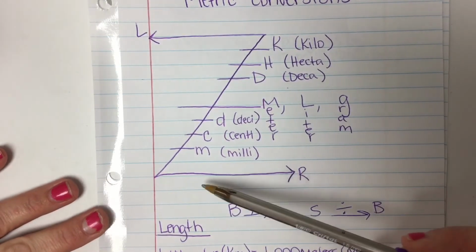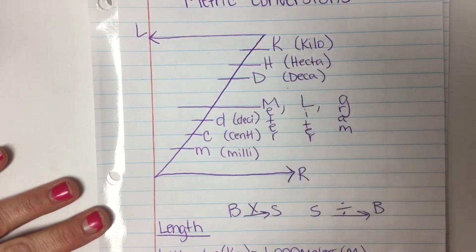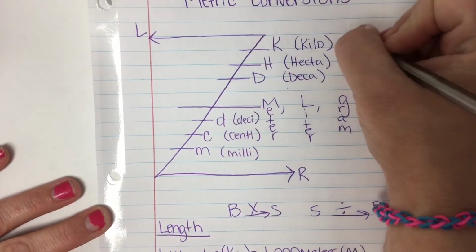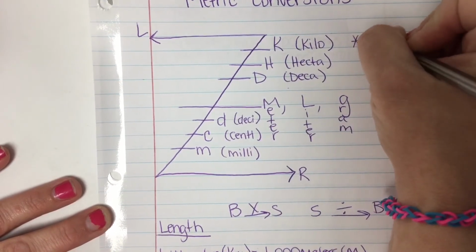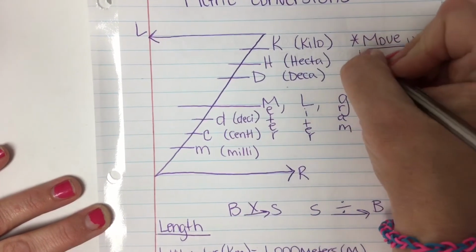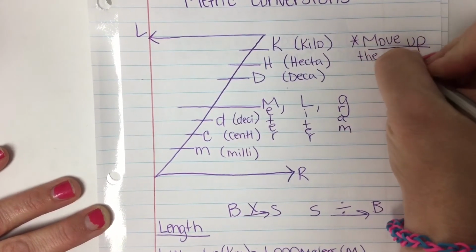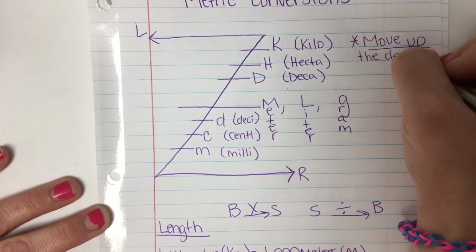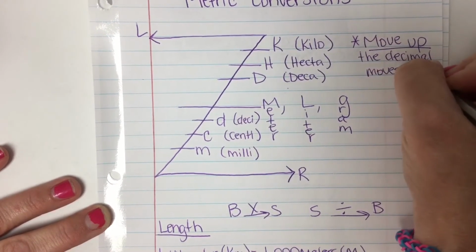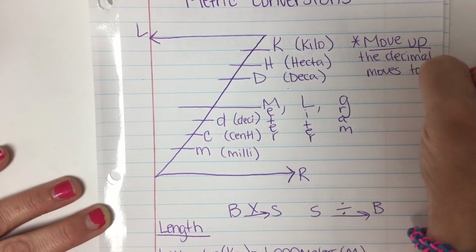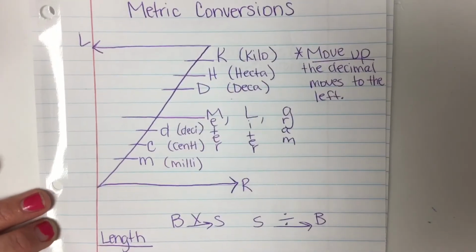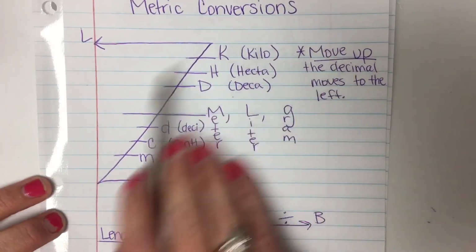When I am converting measurements from one to the next, I'm either going to go up. So if you move up, the decimal will go to the left. Okay, and I'm going to explain this in just a second, so don't stress. I just need you to write it down.